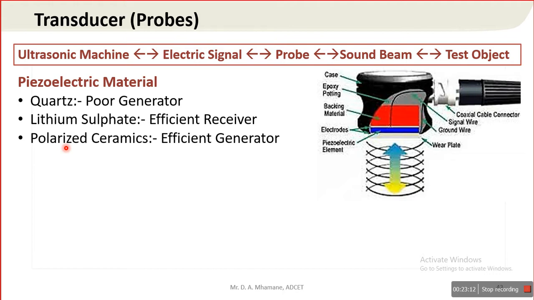If you consider polarized ceramic, it is an efficient generator. Every piezoelectric material has its own characteristics. So as per the requirement, we need to select the piezoelectric material for construction of the transducer.